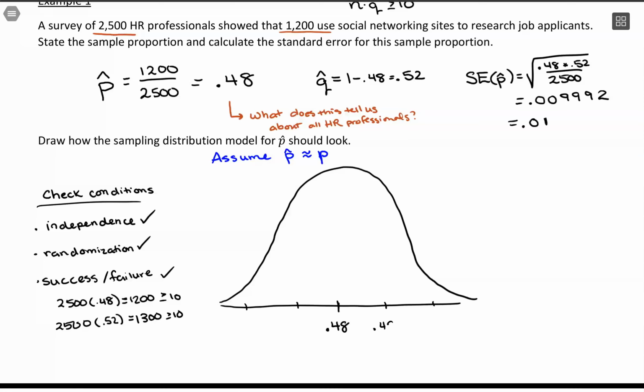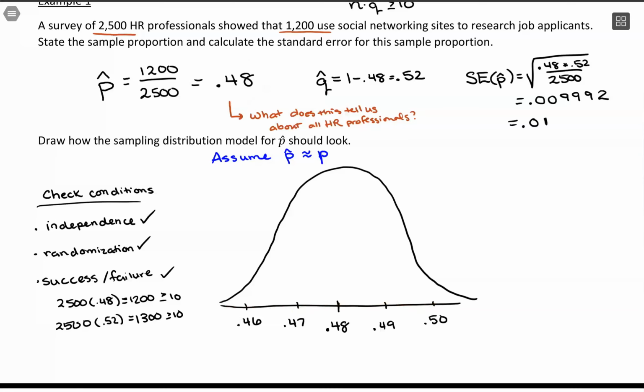So we'll have a 0.49, 0.50, 0.47, 0.46. So with this, we get an idea of working with sample sizes of 2,500 and expecting this 0.48 to come through. How would samples of 2,500 behave?